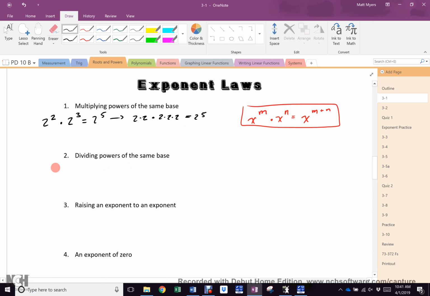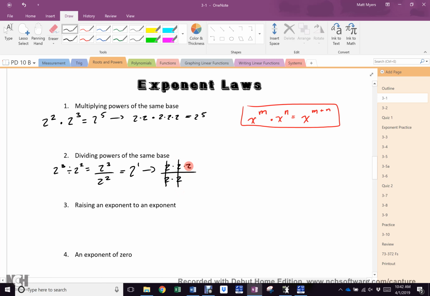Next one, dividing. 2 to the 3rd divided by 2 squared. And what is the answer? 2 to the 1. Do we ever write 1? No. Why does that work? Because that is 2 times 2 times 2 over 2 times 2. 2 over 2 is 1, so it cancels. 2 over 2 is 1, so it cancels.